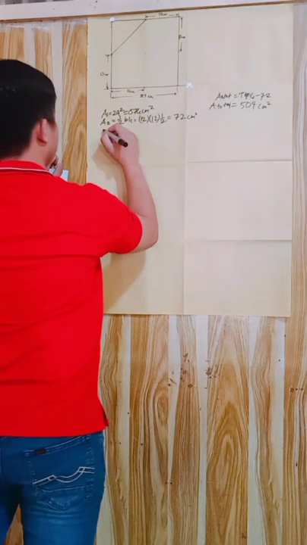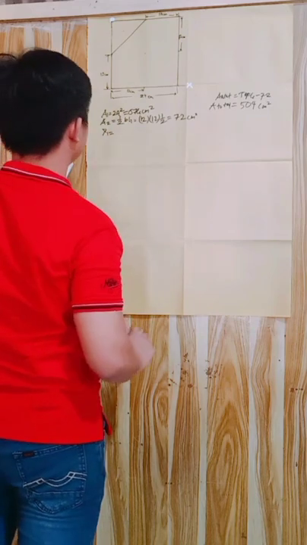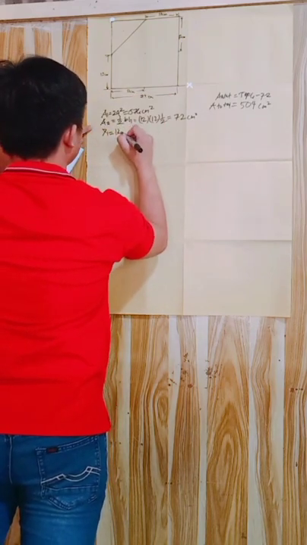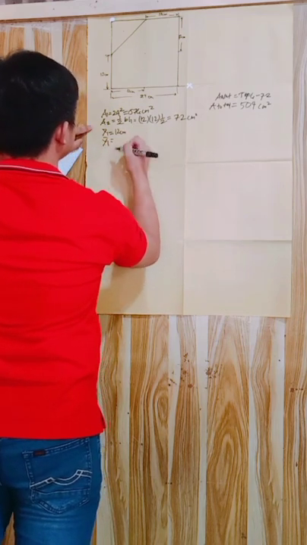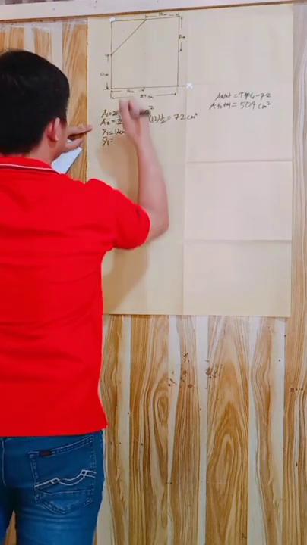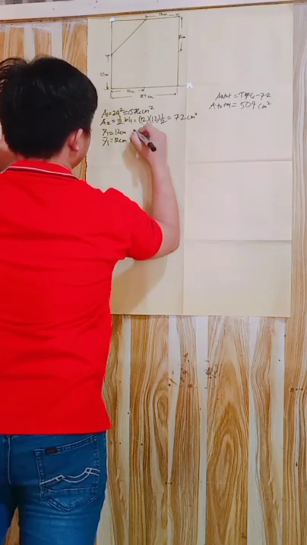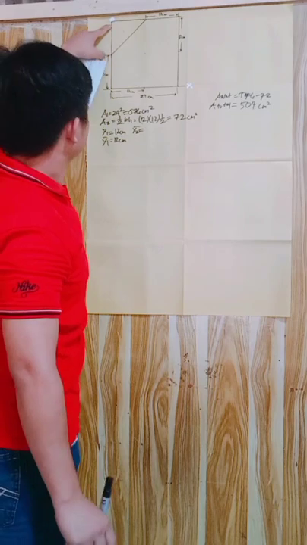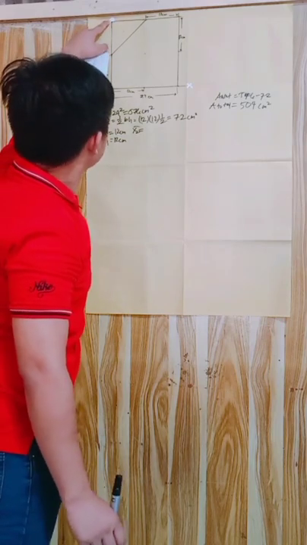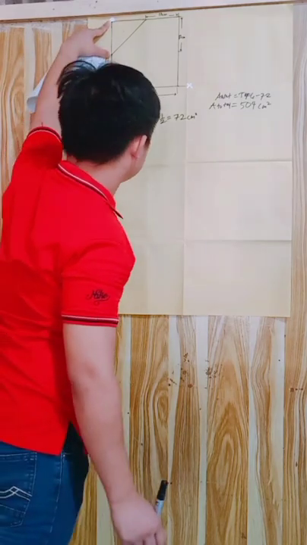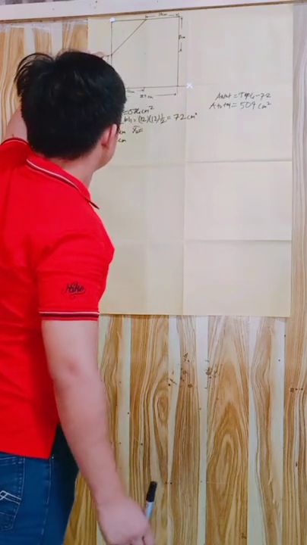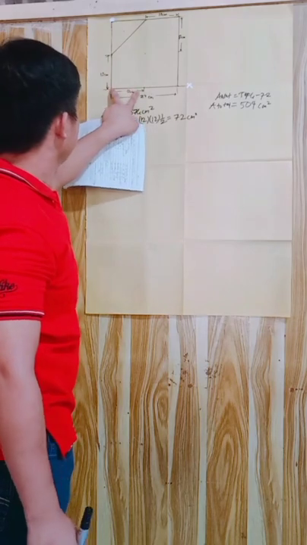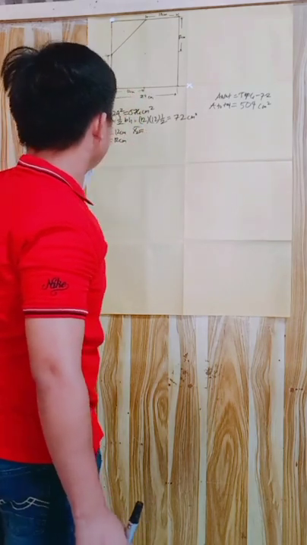Then we will get x bar 1 is equal to 12. Here it is, x bar 1. y bar 1 is equal to 12. x bar 2 is equal to 1/3, because we are from here, so 12 plus 12 minus 1/3 of the base.